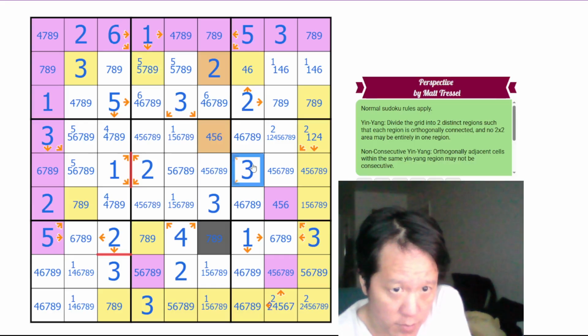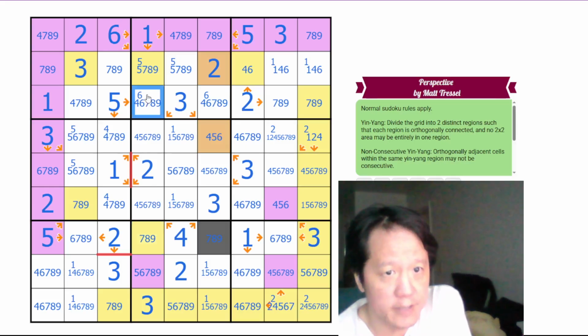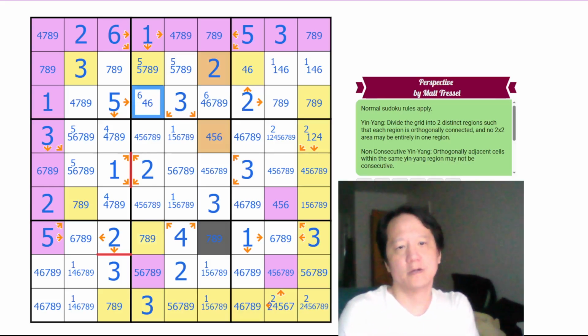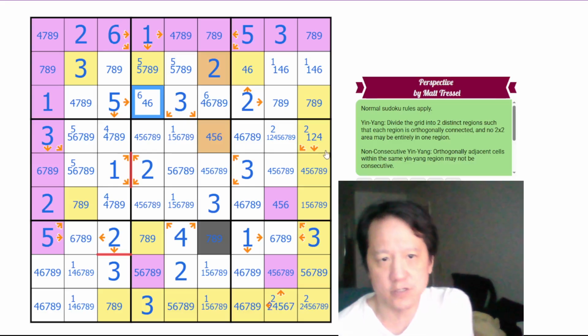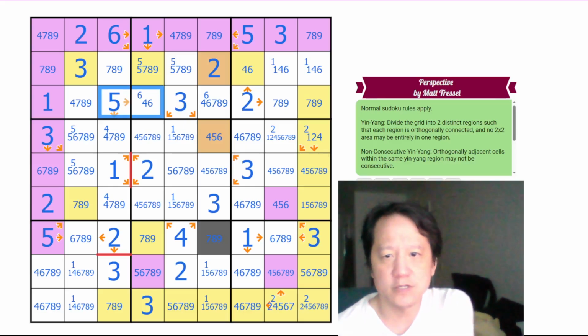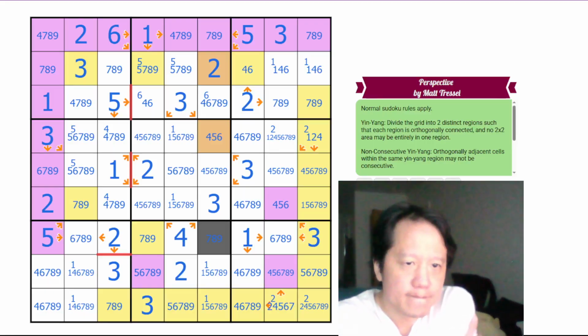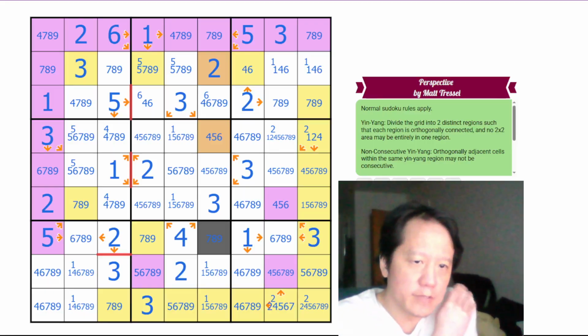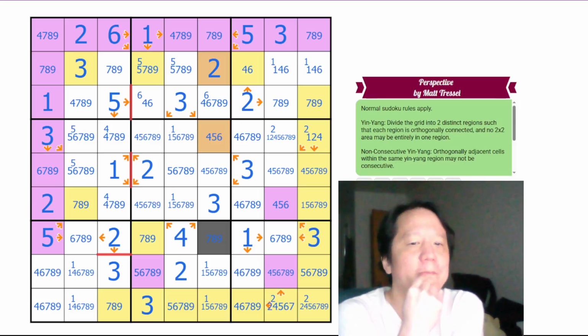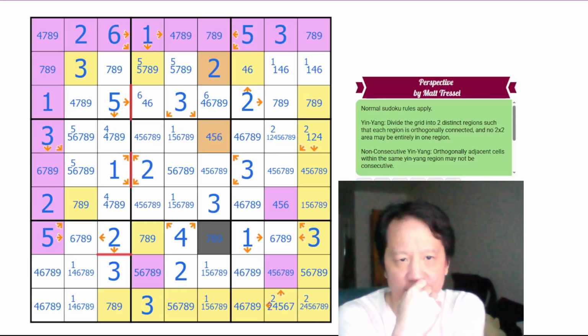Because this is low, and this is red, so this must be green. So this is 4 or 6, which means these two must not be the same region, because 4 and 6 are definitely consecutive with 5.